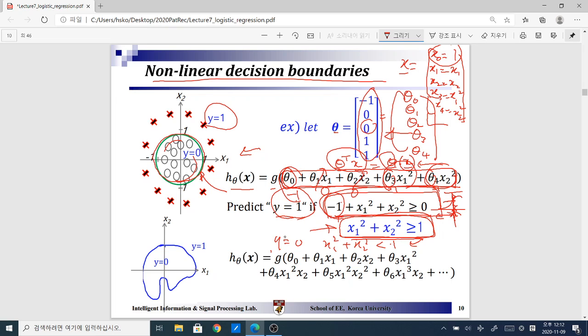So those features with a combination of x1 and x2 being greater than or equal to 1, which means those samples that are outside of the circle, which would be these, would have the label of being 1. And similarly, those samples which are inside of the circle, indicated by this, are going to be given a label of 0.